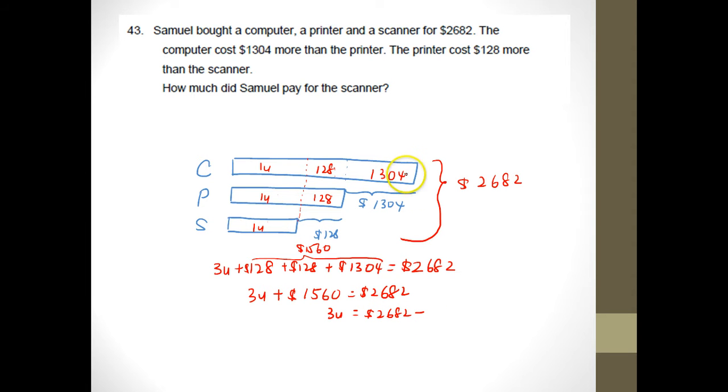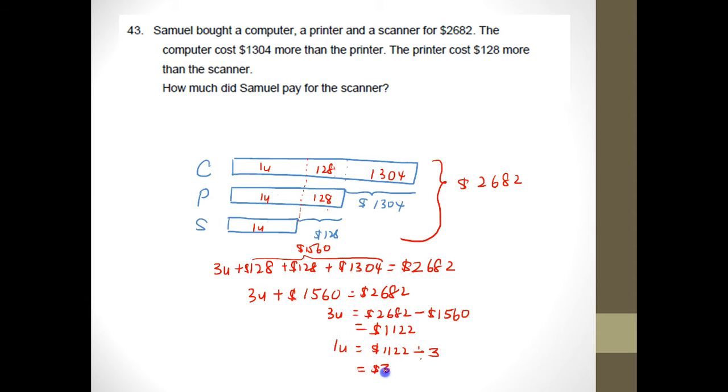2,682 minus 1,304, minus 128, minus 128, which is 1,122. I want to find 1 unit. I take 1,122 divided by 3.